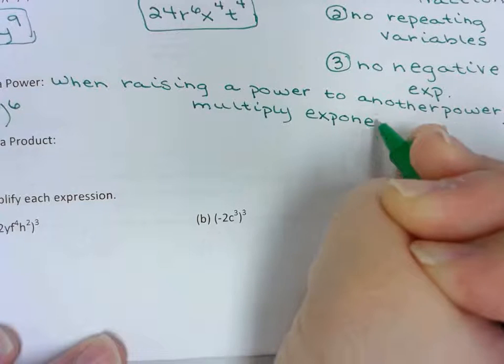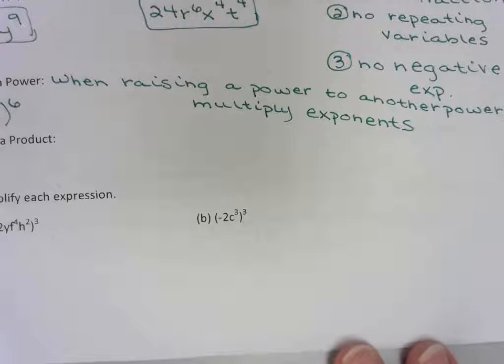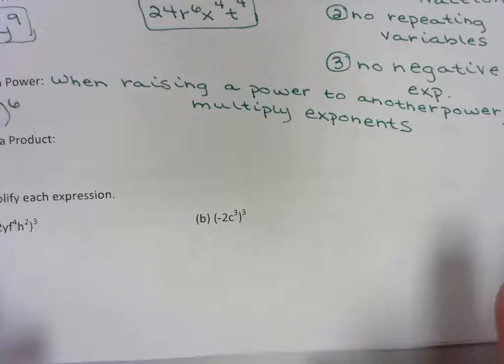So it's the opposite. When I'm multiplying, I add the exponents, like we just did. When I'm raising it to another exponent, when I have 2 exponents, I multiply the exponents. Okay. Any questions so far? So when I'm raising it to an exponent, I multiply the exponents.